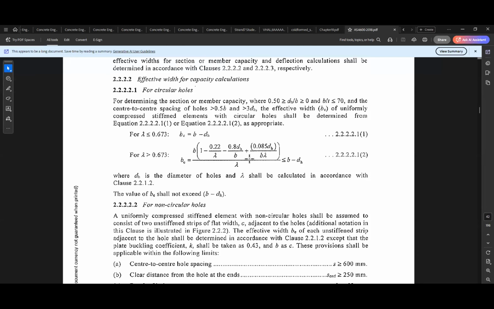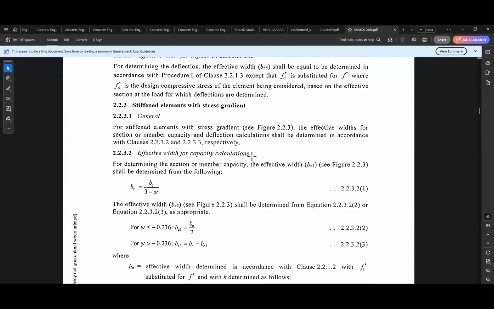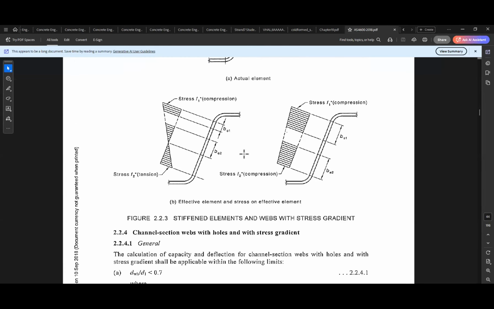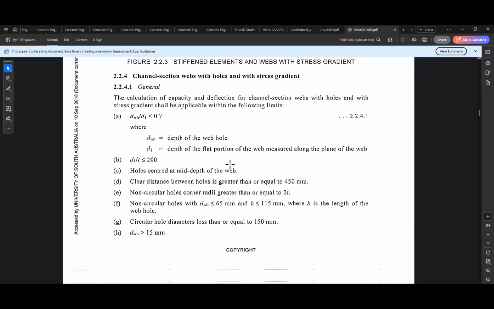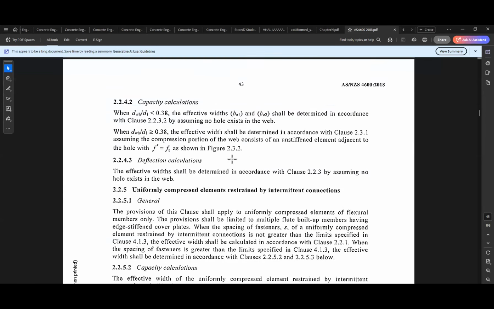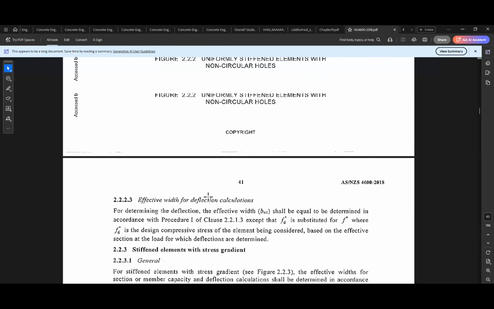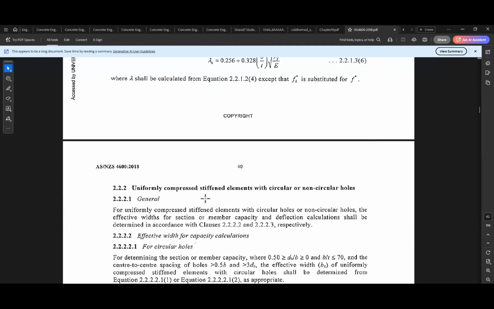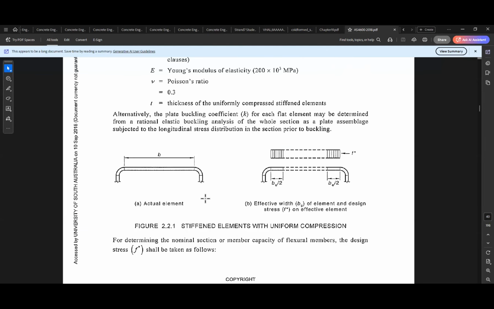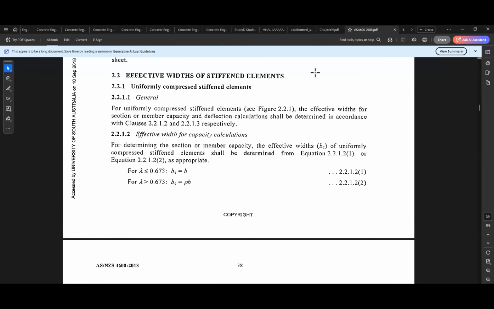As you know from last week, the formulas for cold-formed steel are a little bit complicated compared to hot rolled because of the thin-walled nature. So this is section 2.2, and I hope you have a copy of the standard with you ready so that you can have a look at the formulas and so on. Okay, so let's go back to our slides.